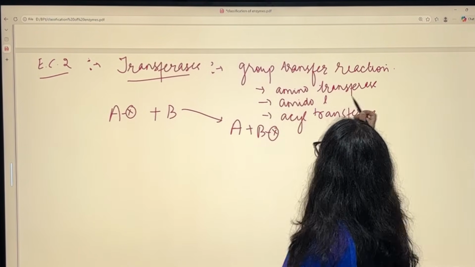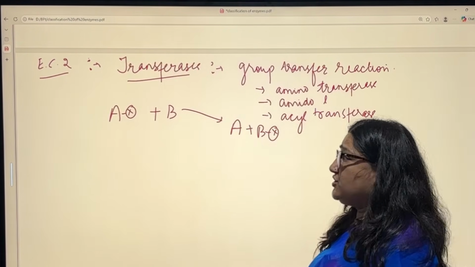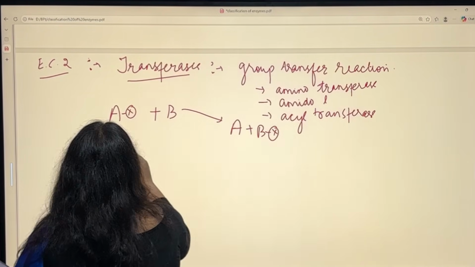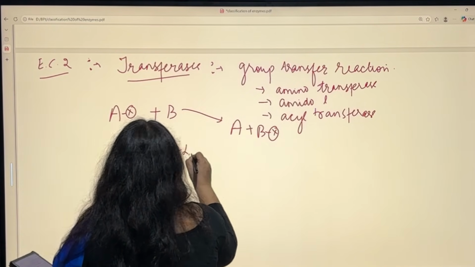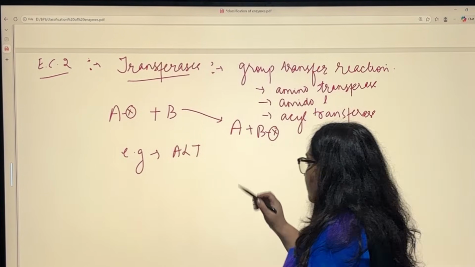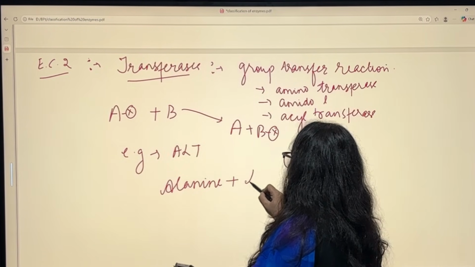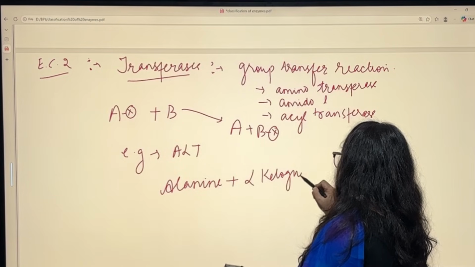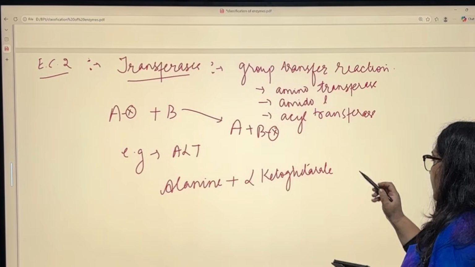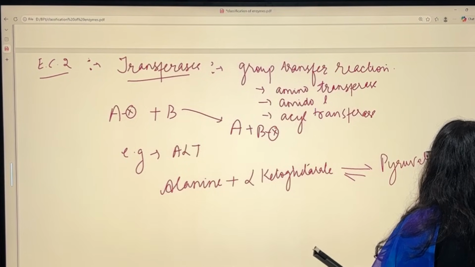I've already considered the names aminotransferase, SGPT, SGOT. So these are the transferase enzymes. The example is alanine aminotransferase, ALT. What this enzyme does is convert alanine plus alpha ketoglutarate into pyruvate and glutamate.